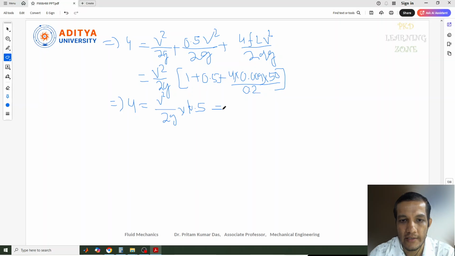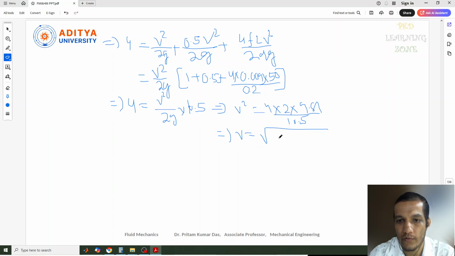What is our intention? Our intention is to calculate the value of v. So v square equal to 2 into 2g, 2 into 9.81, divided by 10.5. And finally, if you want to calculate the v value, you can write v equal to root over of 4 into 2 into 9.81 divided by 10.5.